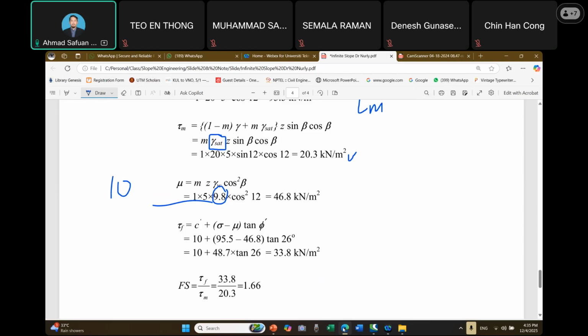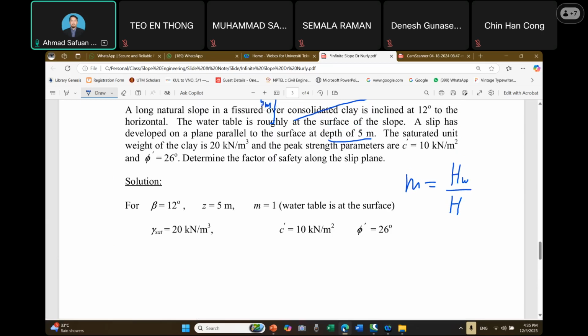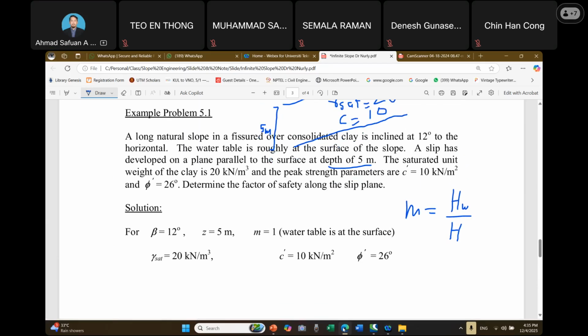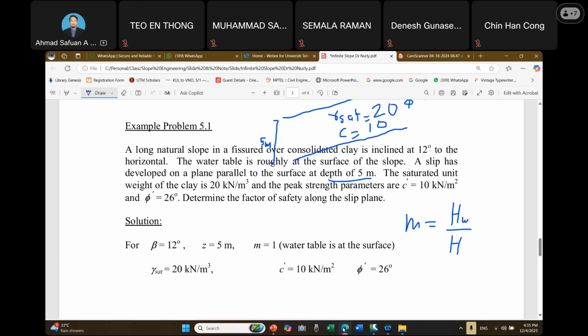H is 5 meter. Cos beta is 12, tangent beta 12, plus effective, which is 20 minus 9.8 over 20 times tangent phi, in this case 26, over tangent 12.